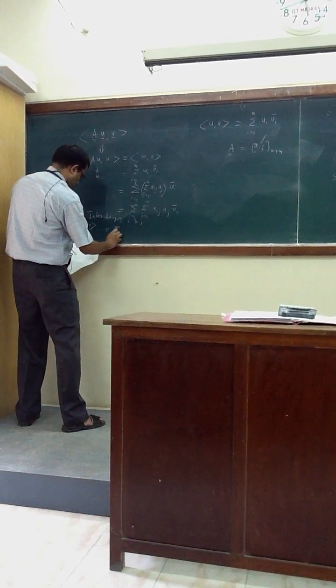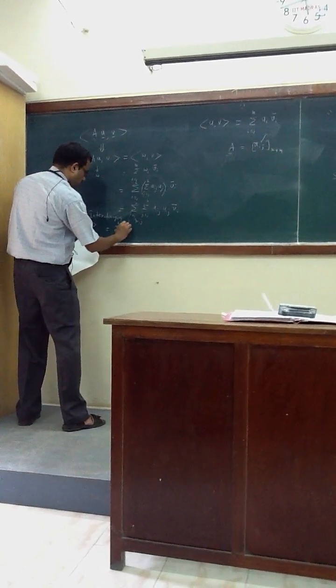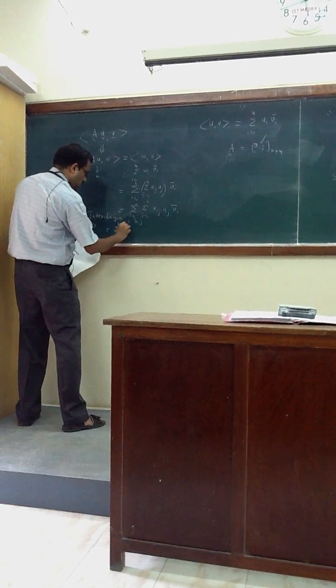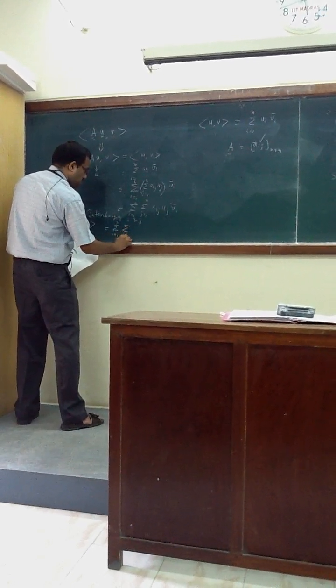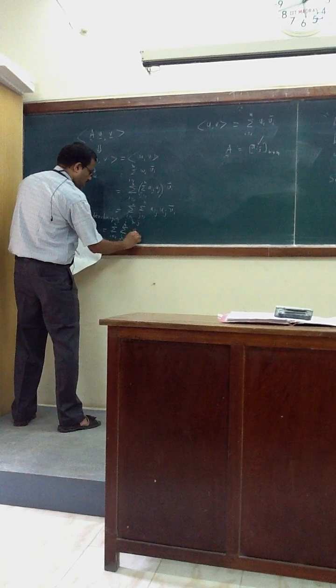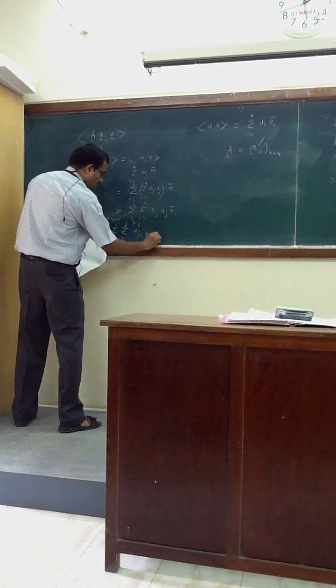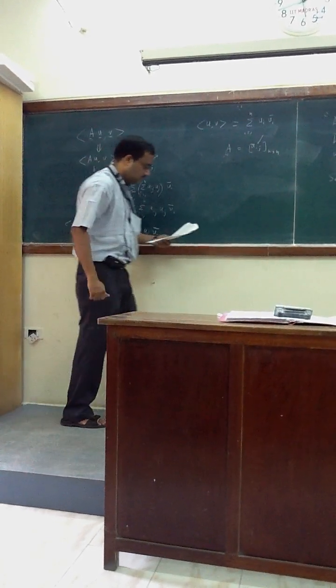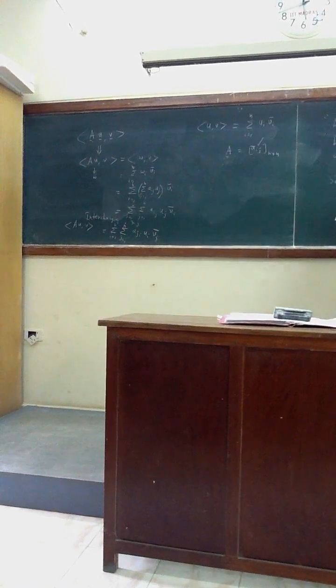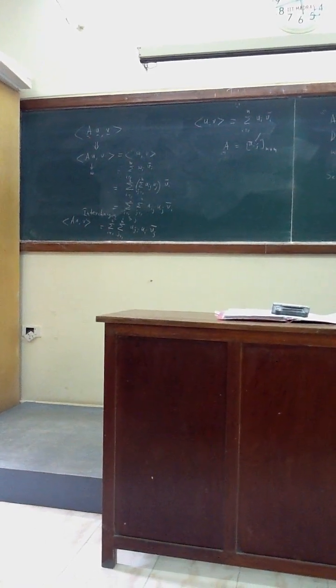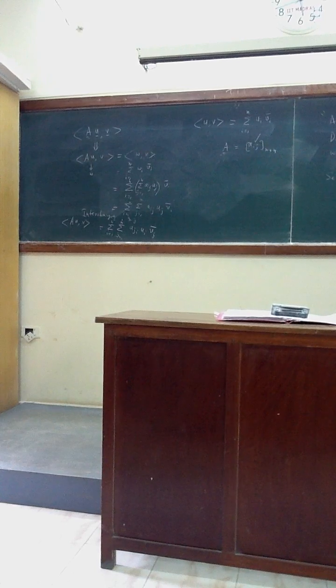Summation i equals 1 to n, summation j equals 1 to n, Aji, Ui, Vj bar. Am I correct? Yes or no? I just interchanged.